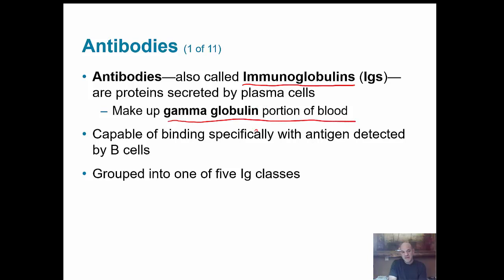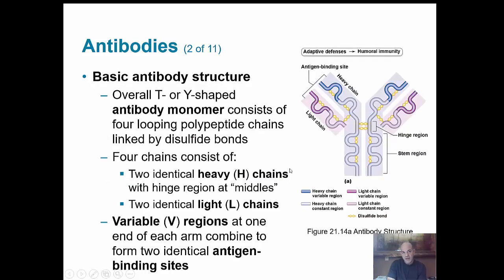These immunoglobulins are capable of binding specifically with the antigen that was detected by the B cell. Okay, so these immunoglobulins can be grouped into five immunoglobulin classes, and we're going to look at those in a bit.